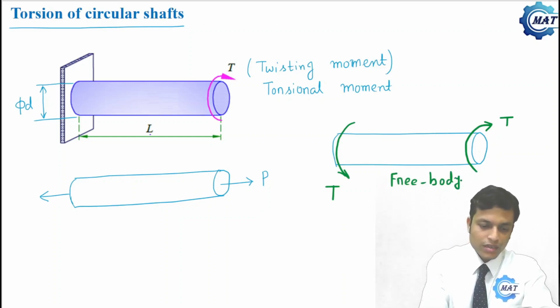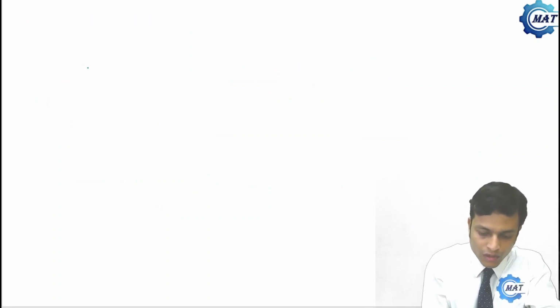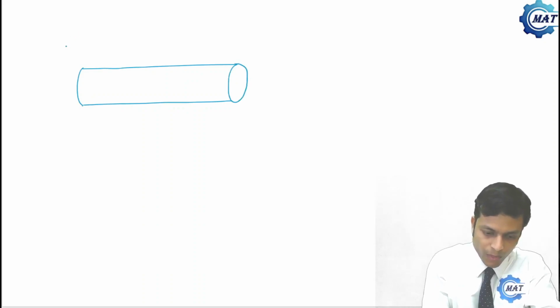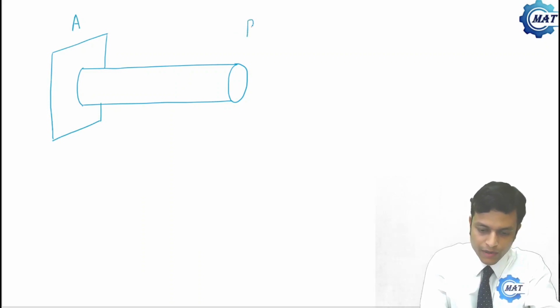Now let us consider one shaft with diameter d. This is the shaft. So this is end A and this is end B. A is fixed.